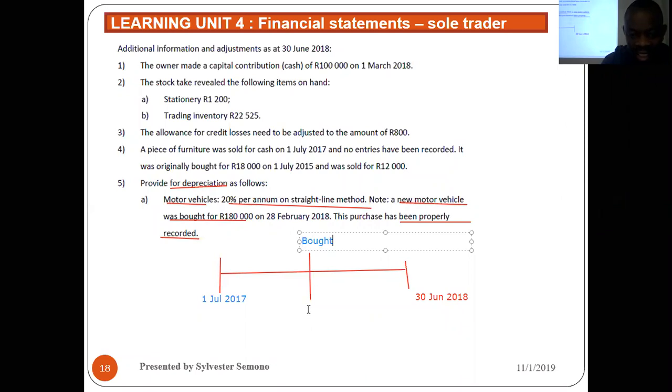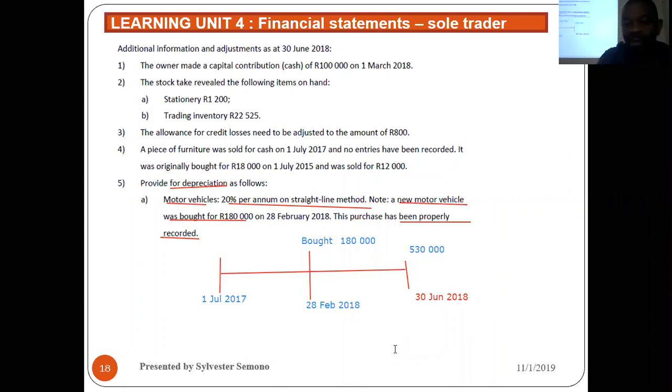This will affect our calculation. So we need to check how much they bought it for. What was the cost? 180,000. It was bought for 180,000.